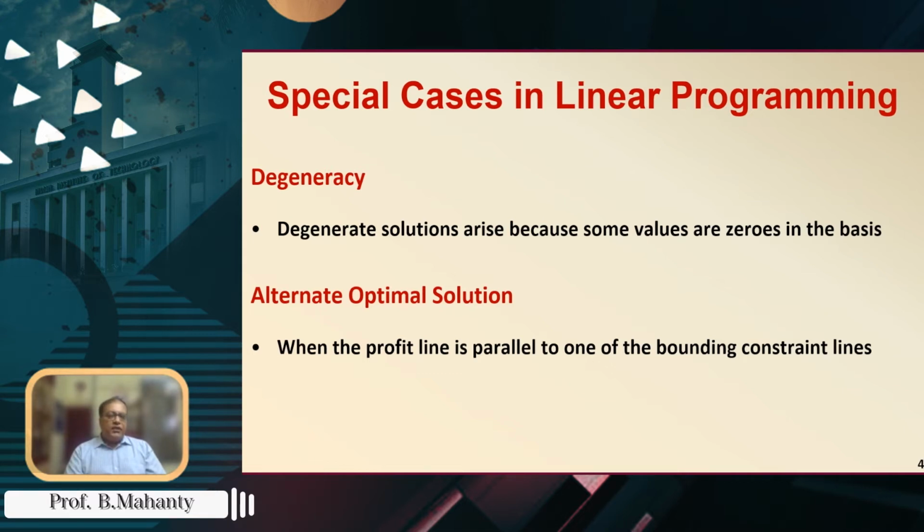Then the two basic feasible solutions will become optimal at the same time, which also means that every point joining those two basic feasible solutions is also optimal. So we shall get infinite optimal solutions under those situations. The question is, yes, this can happen, but how to know when we are making use of the simplex procedure?